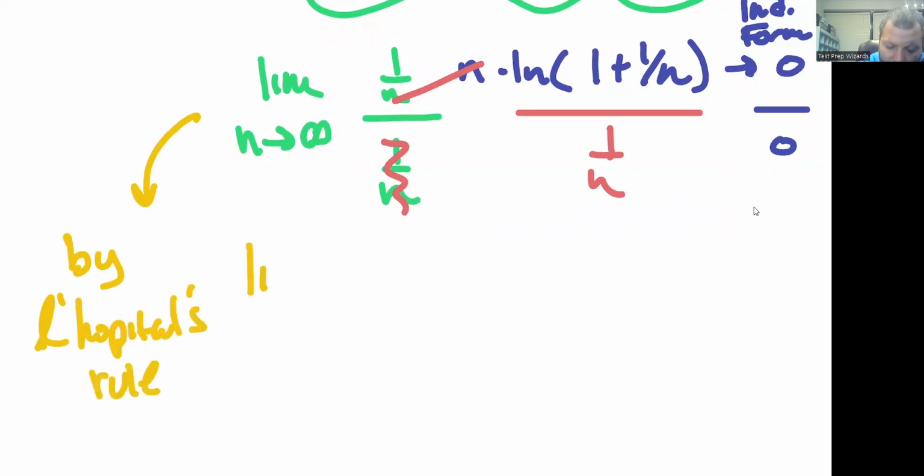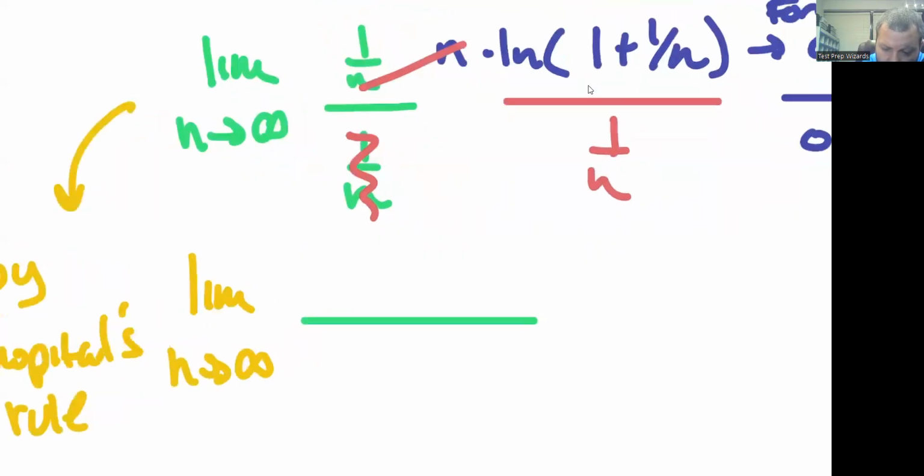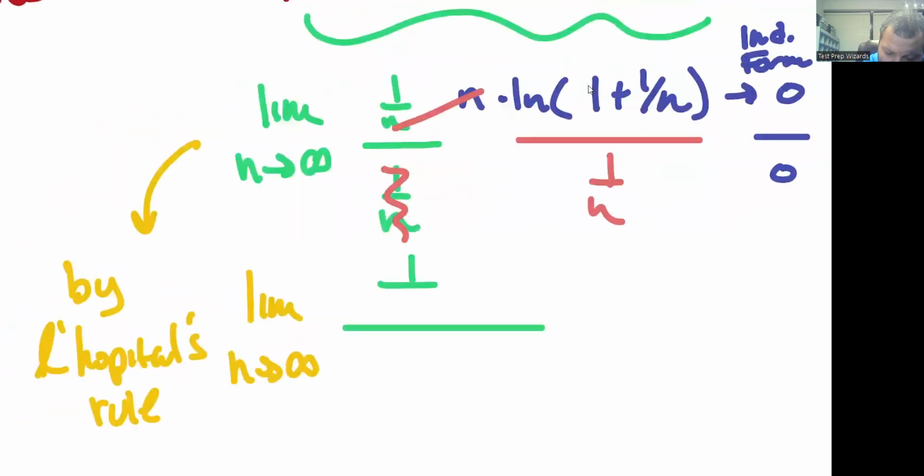we know that the limit that we're trying to take is going to equal the limit of the derivatives, right? So if I take the derivative of the natural log of 1 plus 1 over n, that's a little bit of a chain rule. So we're going to get 1 over (1 plus 1 over n) times the derivative of the inside. The derivative of 1 plus 1 over n, well, the derivative of 1 is 0. The derivative of 1 over n is going to equal negative 1 over n squared.